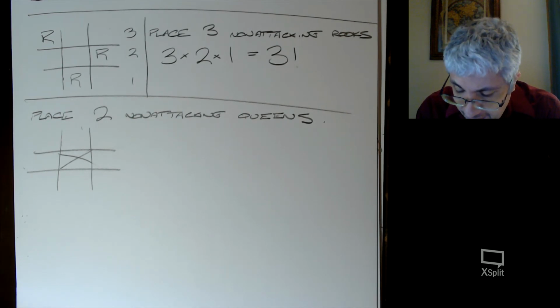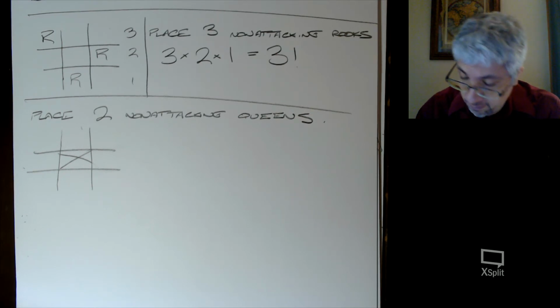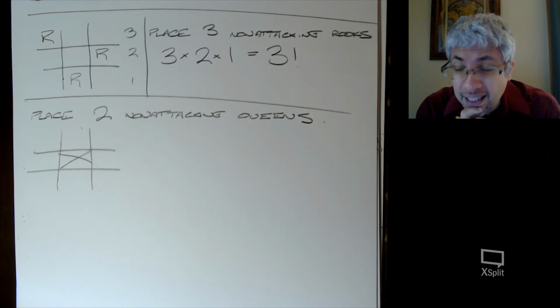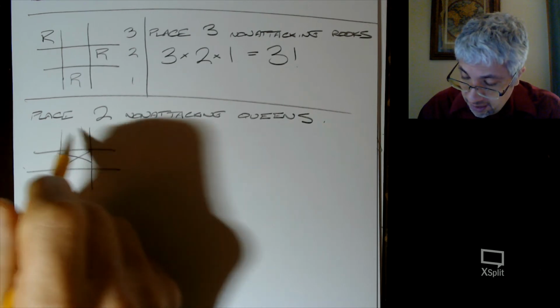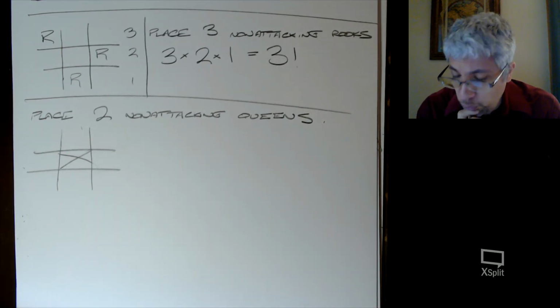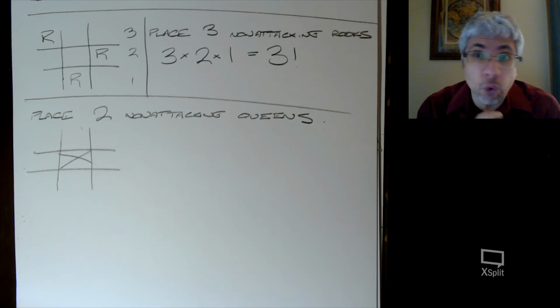I can't have both queens on the corners because each corner attacks every other corner. And I can't have both queens on the edges because each edge attacks every other edge. So once I realize that, I think, hey, I have to have one corner queen and one edge queen.